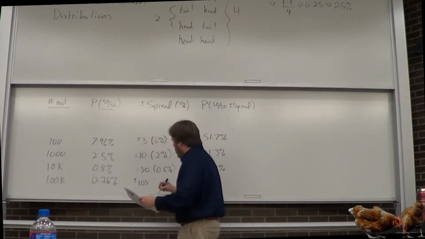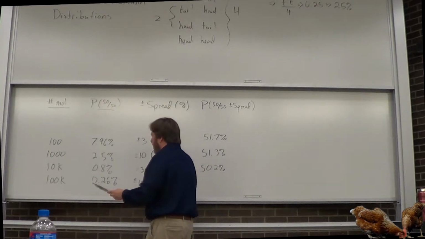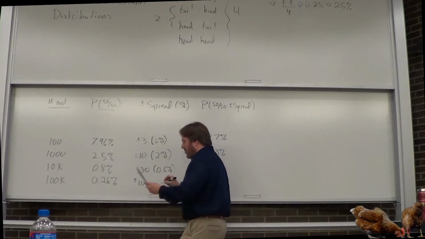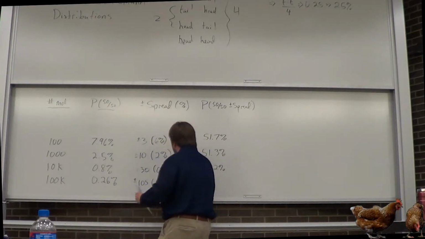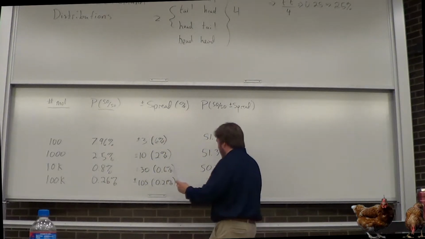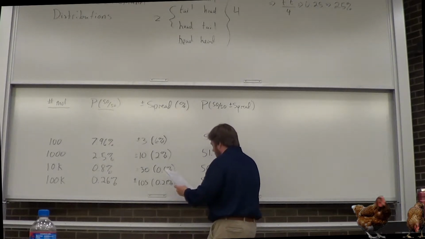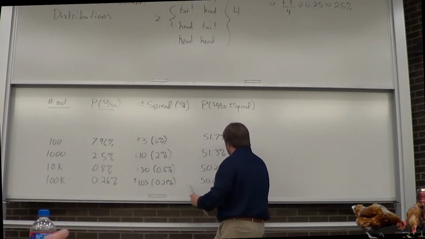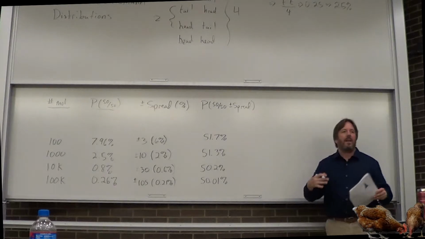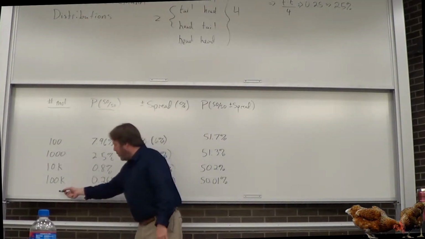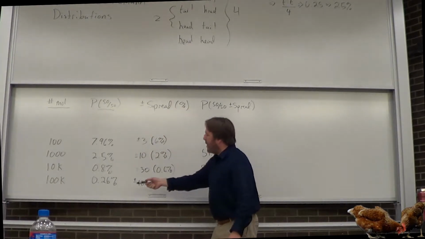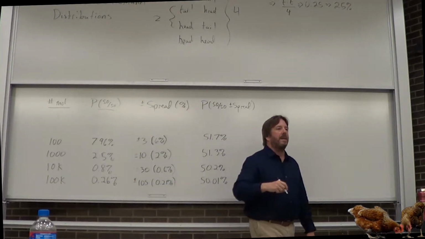50.0000%. Okay, 100,000, I need to see 50,000 plus or minus 105. That's 0.21%. Notice again that the spread percents are dropping, and the likelihood that I observe that within the spread is basically now 50%, and go on and on. So if I get down to a mole, the probability of observing a 50-50 split is 0.